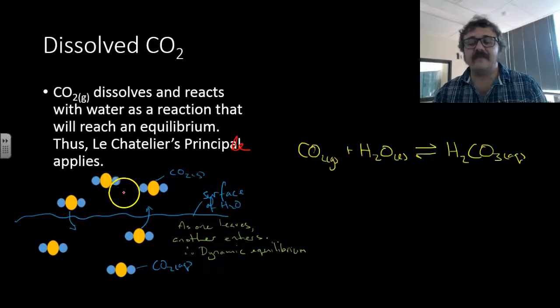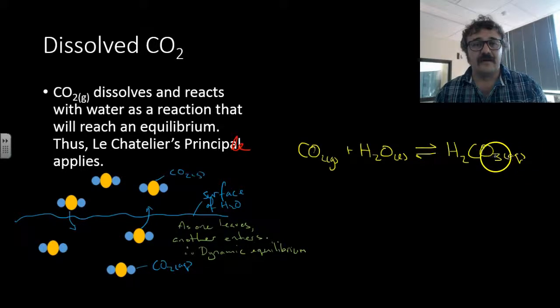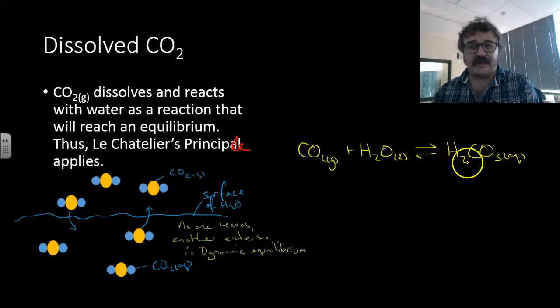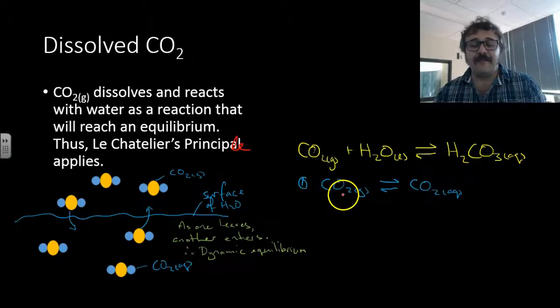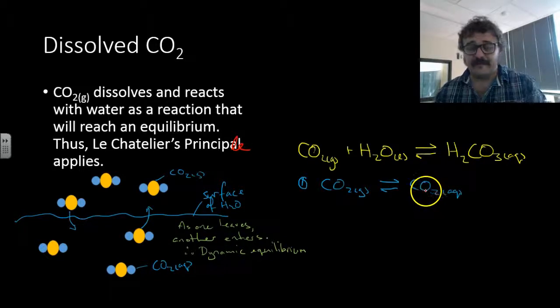So here is the summary of this reaction. It's like 3 steps to it. Carbon dioxide gas plus water, liquid, gives you aqueous carbonic acid. So carbon dioxide as a gas dissolves in an equilibrium reaction to carbon dioxide aqueous.